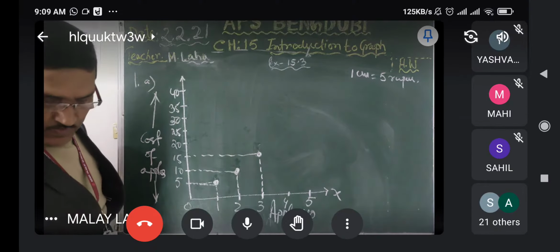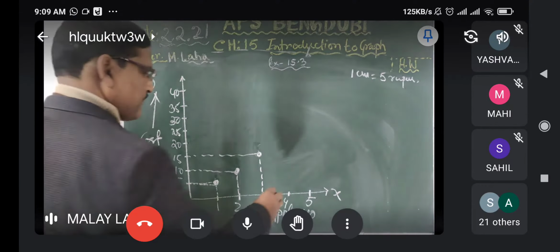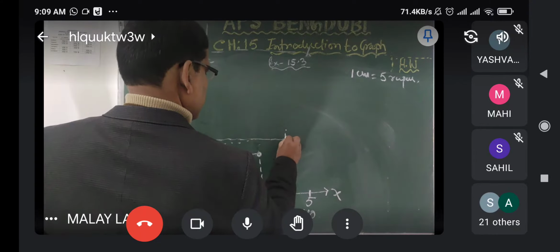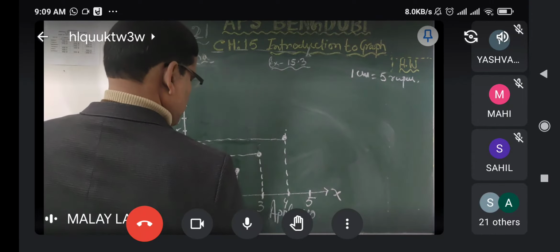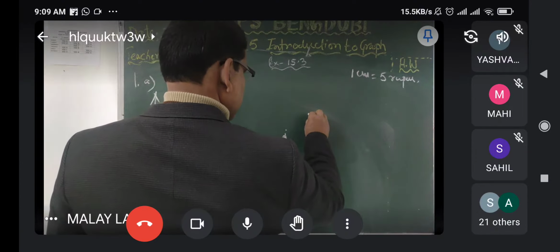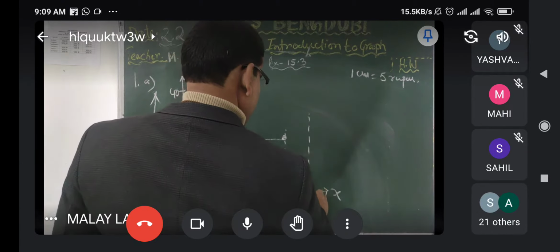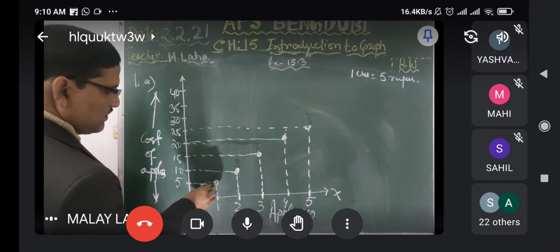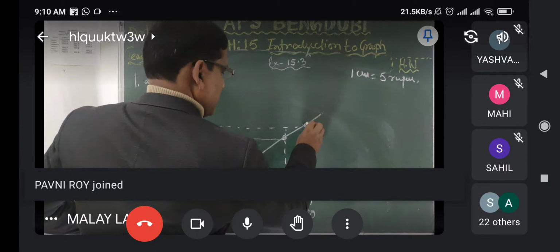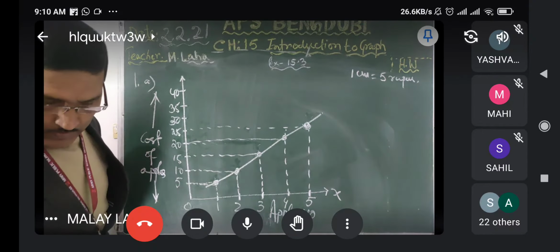Then 4 apples, 20 rupees, and 5 apples, 25 rupees. Now if we join from here, it will be exactly a straight line.